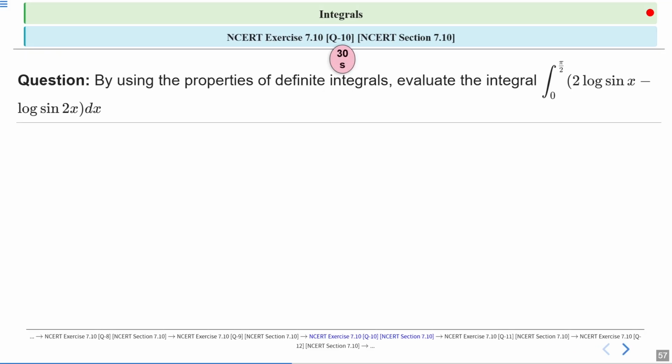Now, question number 10 is: evaluate the integral from 0 to pi by 2 of 2 log sin x minus log sin 2x dx.